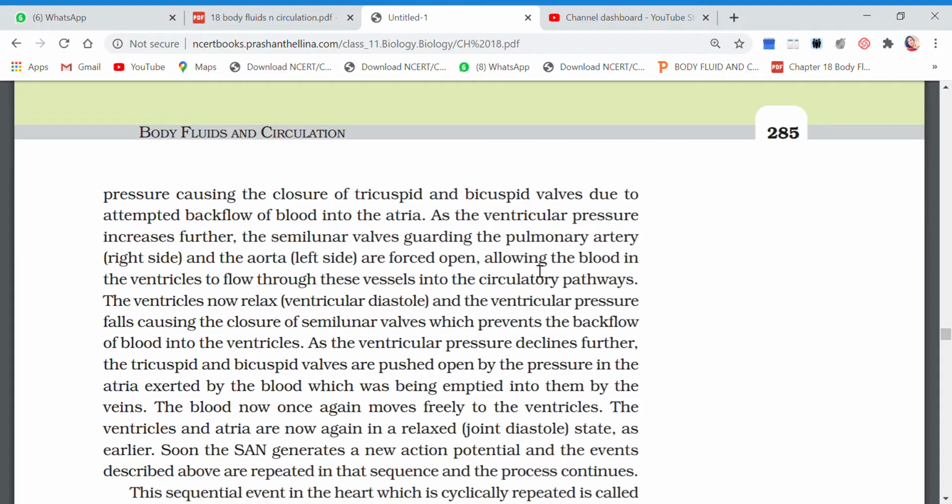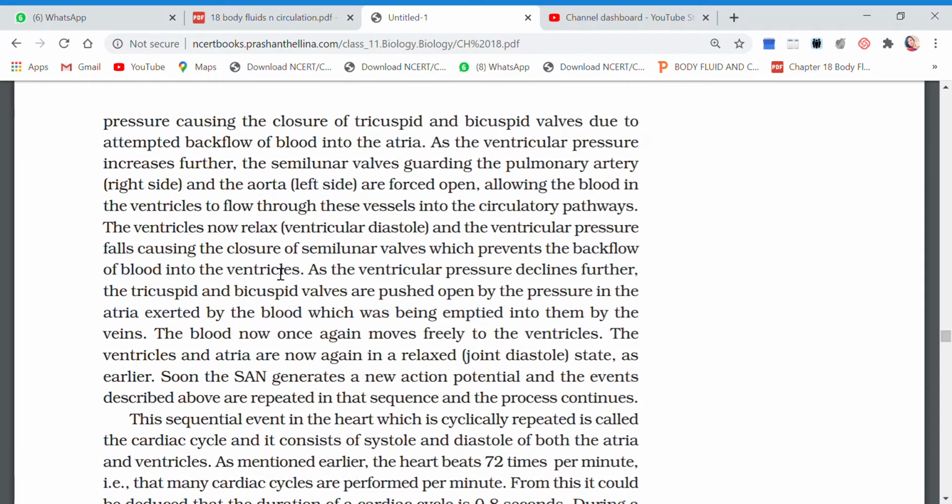The blood will flow into these vessels, into the circulatory pathway. Contraction has been done. Now the blood is moving into the respective vessel. From the right side, the blood will move into the pulmonary artery, and on the left side, into the aorta. And due to this, the pressure reduces.